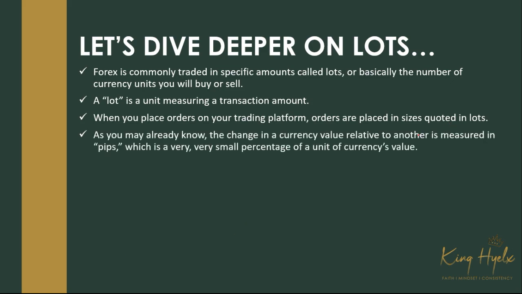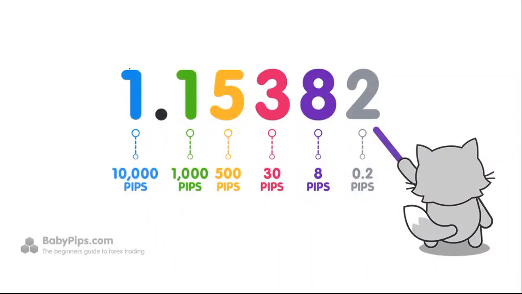So as you may already know, the change in the currency value relative to another is measured in pips, which is a very, very small percentage of a unit of currency value. Because that pip, let me go back there. Let's say this is like €1, and this is what's changing, the 4th decimal place. If you're buying just €1, how will you make a change of, let's say, 100 pips?